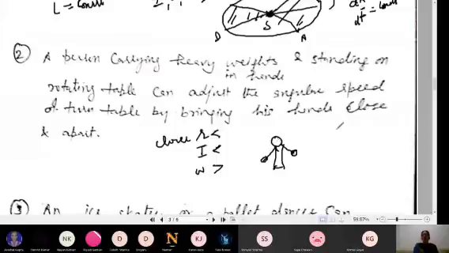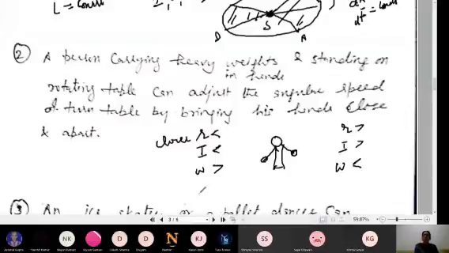When R is greater, I will be greater and omega will be less. Because L is constant, he can adjust the angular speed of the turntable on which he is standing by bringing his hands close and apart. When bringing close, R is reduced. When moving apart, R is increased, and hence the angular velocity changes.